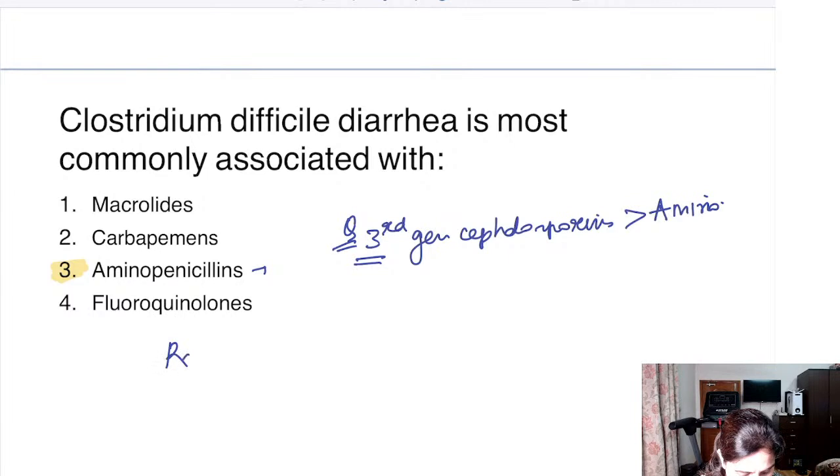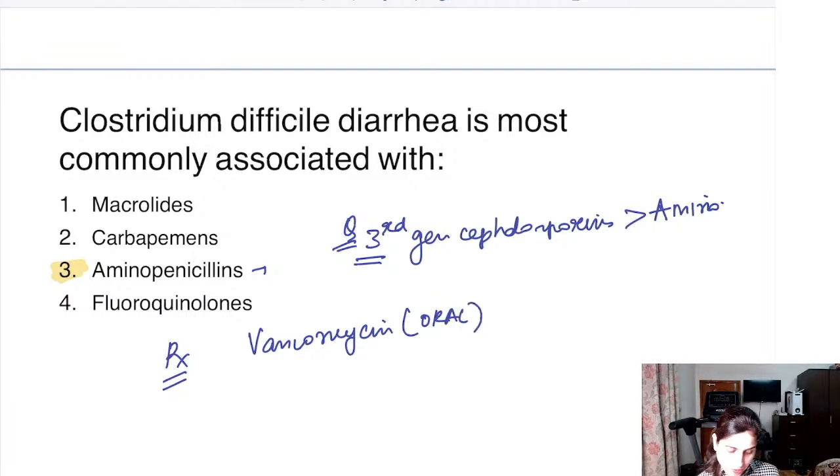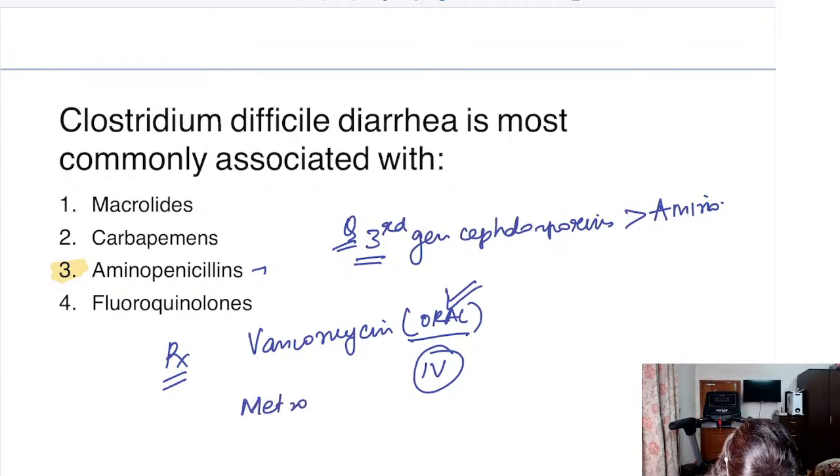And then, as I've already discussed, I'm telling you again, the treatment is we can give oral vancomycin only. Please remember, if there is a question on treatment of Clostridium difficile and the options are oral vancomycin and IV vancomycin, you will tick oral vancomycin. Never IV, we give oral. Then we can also give metronidazole.